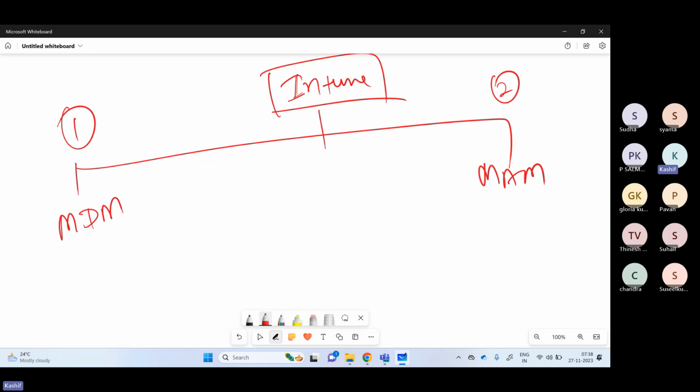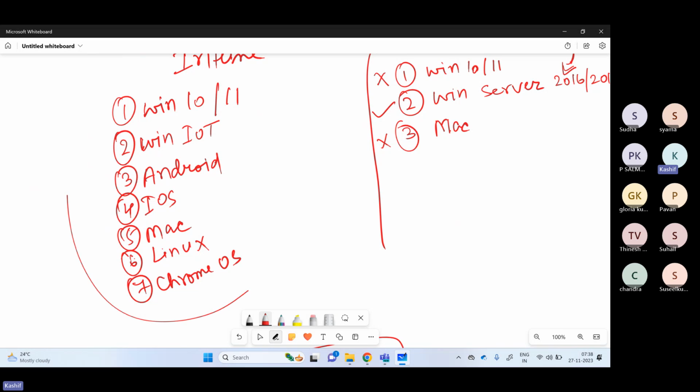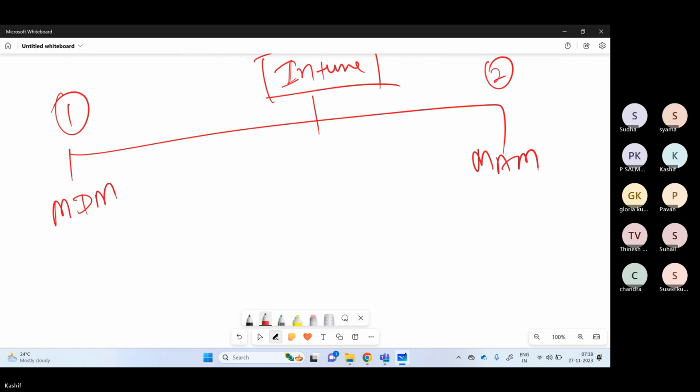In mobile devices, it can manage all these operating systems: Windows 10, 11, Windows IoT, Android, iOS, Mac, Linux, Chrome OS, and applications like Office 365 and other applications which you can manage through Intune.